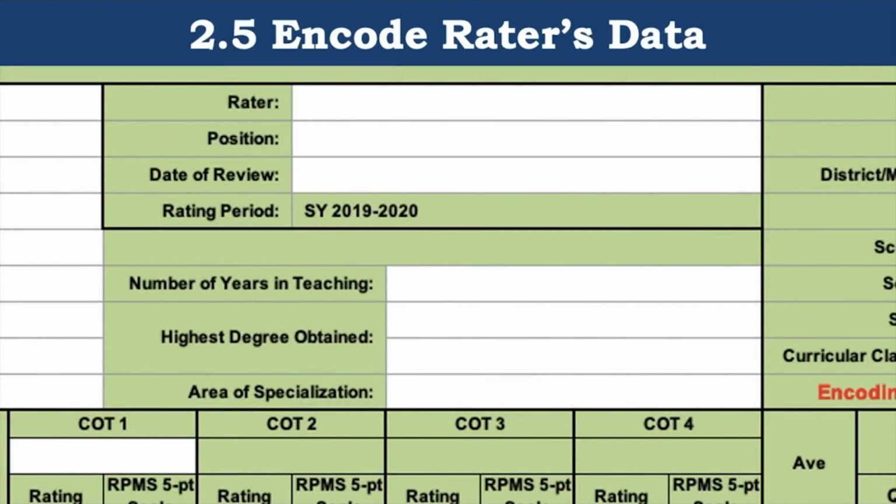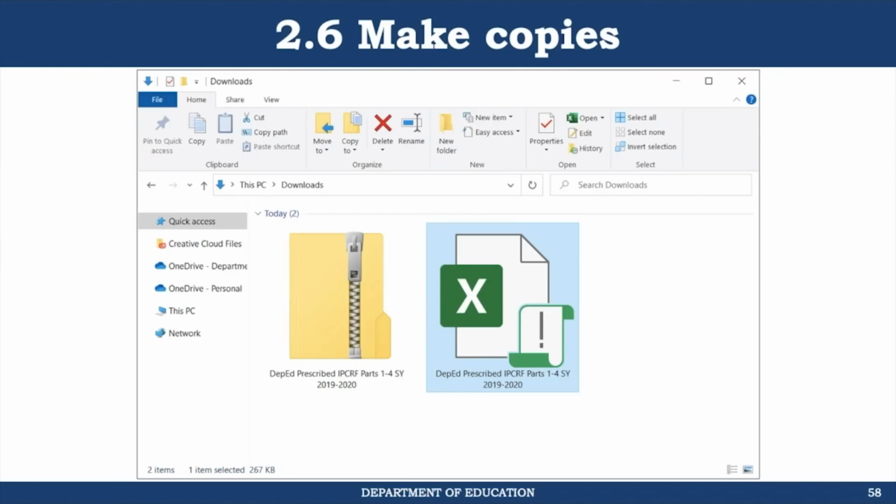Okay, after finishing encoding the school's information and the rater's information, you need to save the Excel workbook and then close it. What we've done so far is basically make a template. Remember, the rater is doing this. He or she must prepare all the IPCRF files for each of the teachers that he or she will be rating.